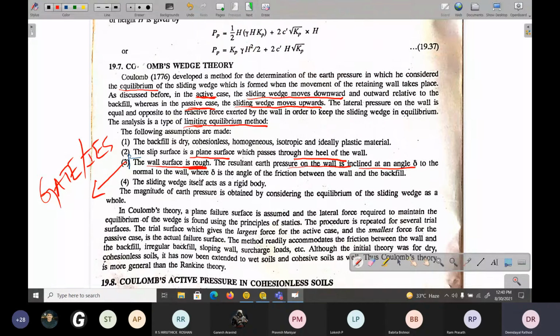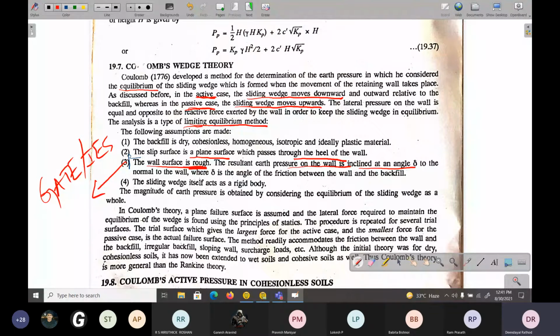Rankine considered the wall vertical, and Coulomb's theory considered the wall inclined. Even Rankine also considered it, as I have shown previously. He considered the back of the wall rough and the equilibrium of this wedge.